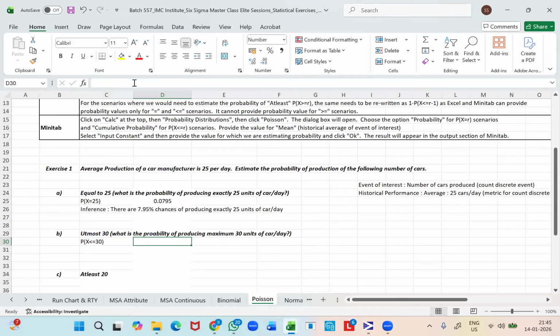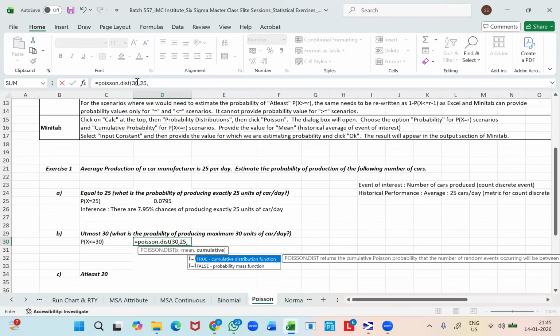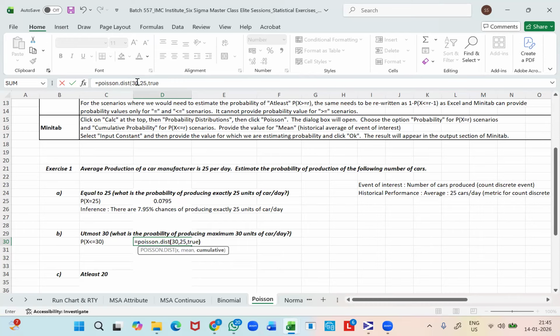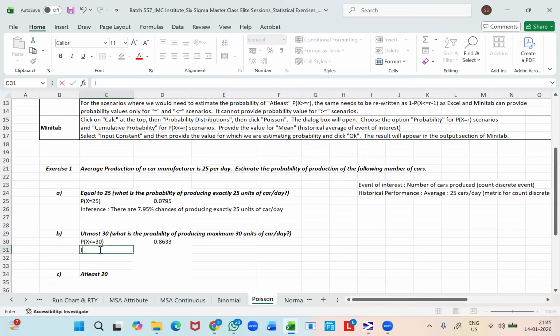So we can apply the Poisson distribution formula: equal to Poisson.dist, open bracket. The X reference value will be 30 for this, comma, mean is 25, and cumulative for less than or equal to will be true. That's it. Round this off to 4 decimals and provide the inference.